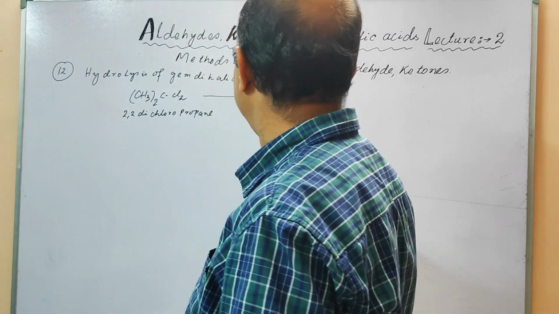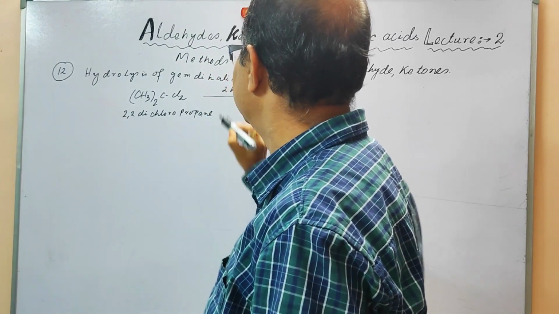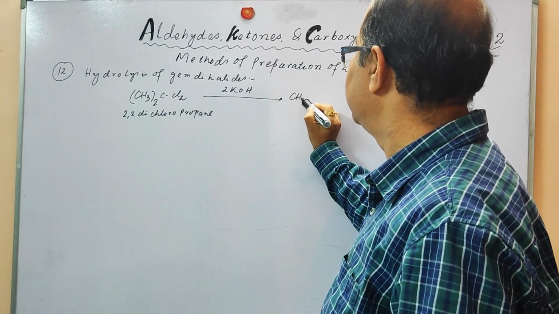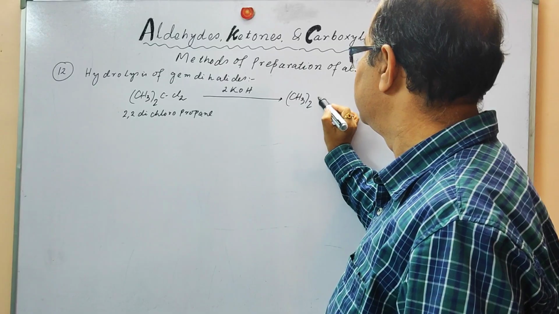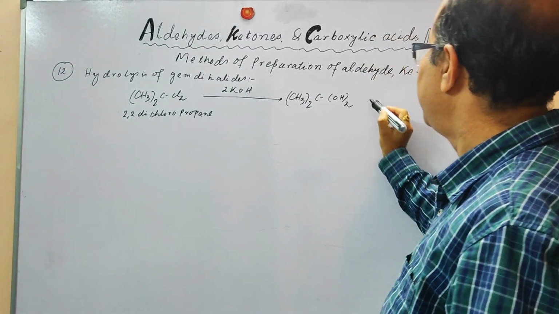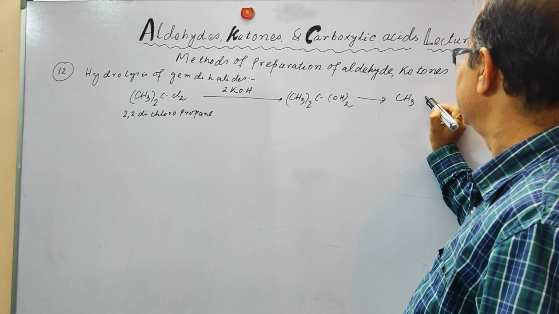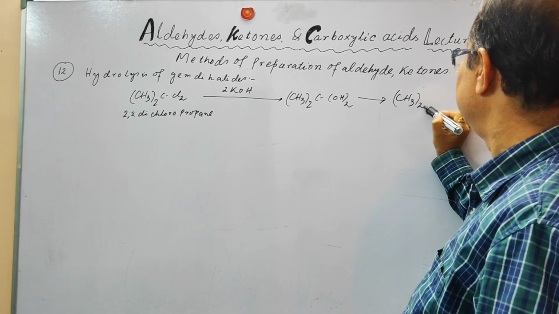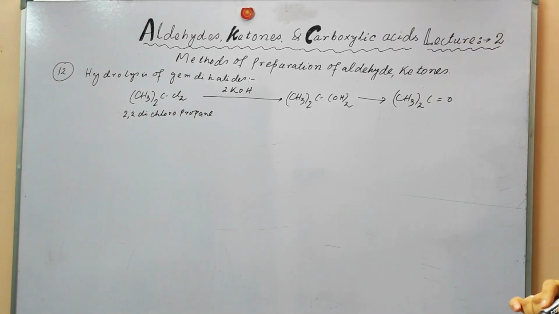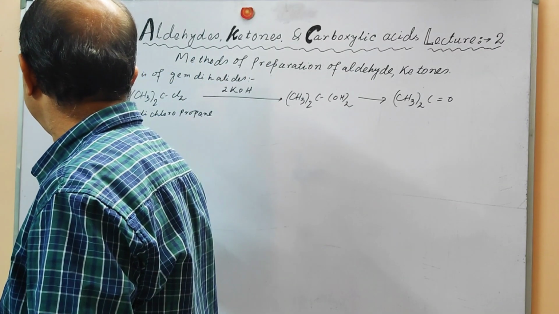When 2,2-dichloropropane is hydrolyzed in the presence of an aqueous solution of KOH, it is going to produce a very unstable product, that is this. And afterwards it will produce the ketone. Ketone is this. Okay. So this is reaction number 12.